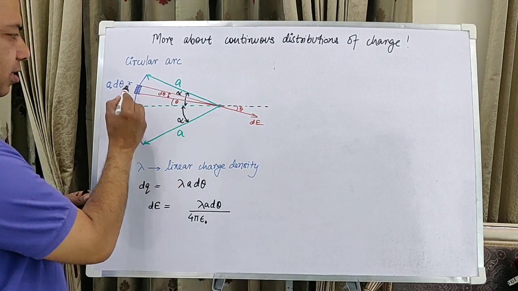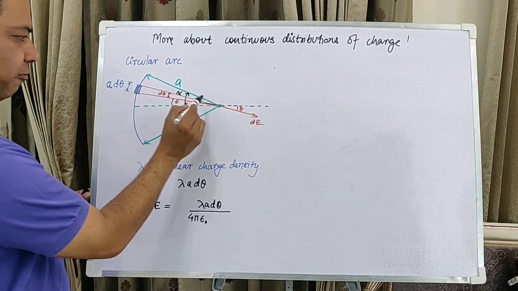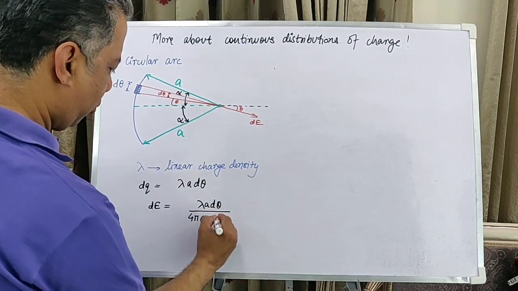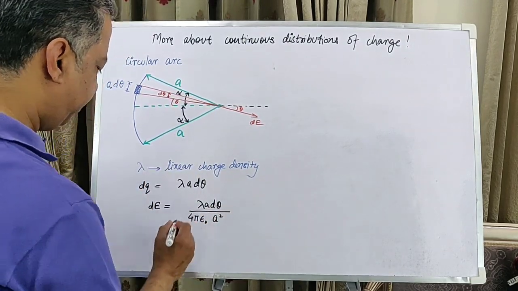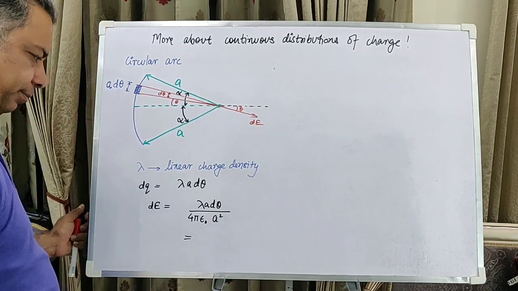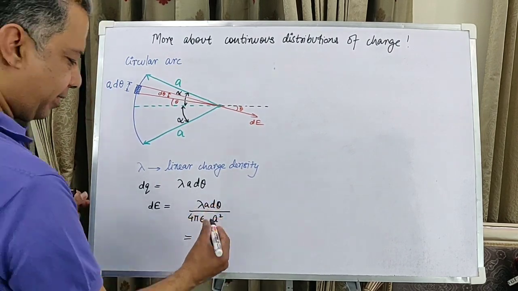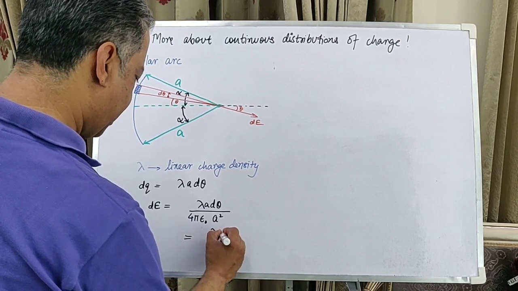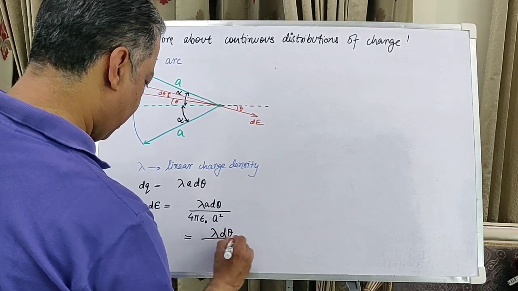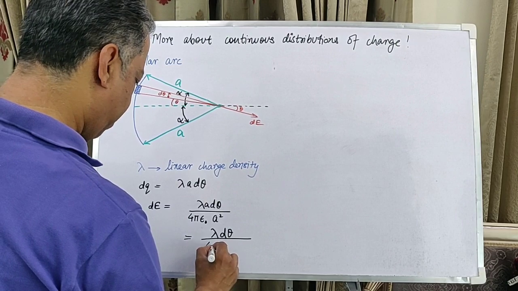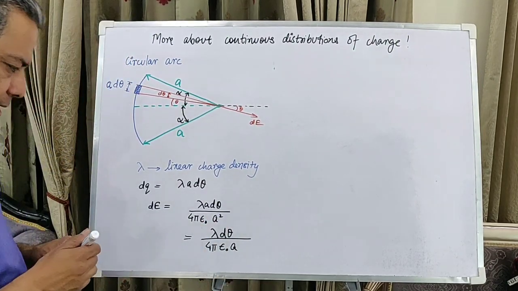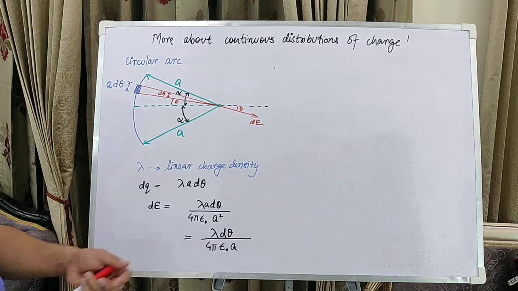Now this distance of the element from this point is a, and so we have square of a here, and dE therefore comes out to be, after a cancellation of a, lambda d theta by 4 pi epsilon naught a. So that then is dE.